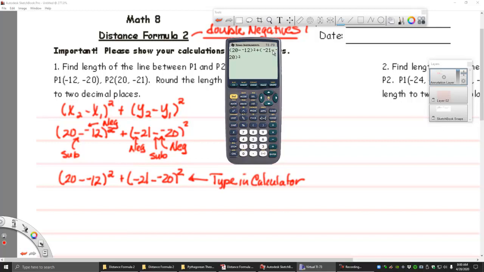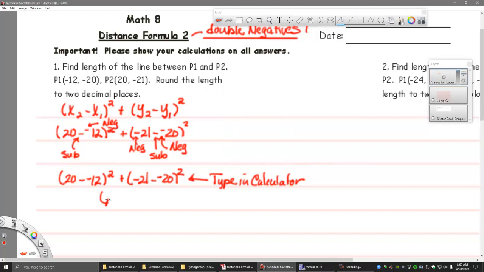There's a negative, subtraction, then a negative. Make sure you put your parentheses the way that I have them there on your screen as you use your calculator. And it's going to combine all that into one answer. It's going to take care of all the signs, and you won't mess up, because that's where a lot of people are having their issues as I look at their answers in School City.